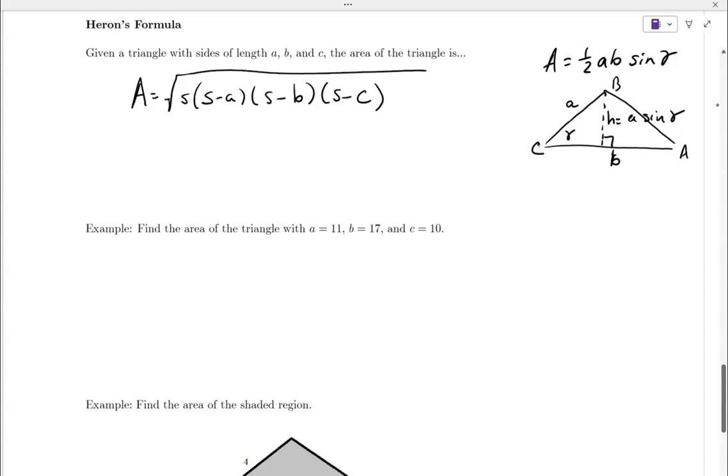We've talked about something that was represented by S before that has absolutely nothing to do with this one. The S in this case stands for what's referred to as the semi-perimeter. Remember, perimeter is add them all together. So semi-perimeter would be take half of it. So again, this is called the semi-perimeter.